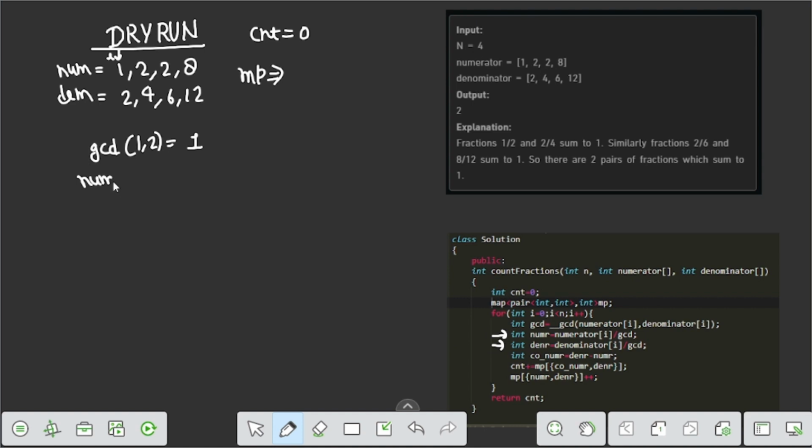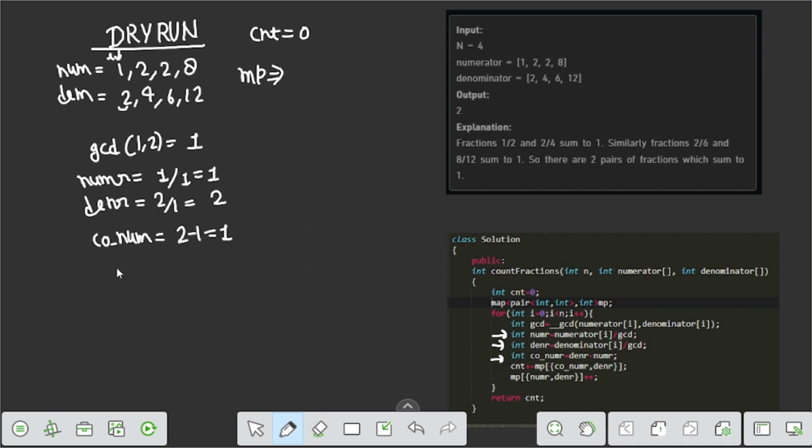So the new numerator is the original numerator divided by the GCD, which becomes 1, and the new denominator is the denominator divided by the GCD, 2 divided by 1, which gives 2. Now we calculate the co-numerator, which is denominator minus numerator, 2 minus 1, which becomes 1.